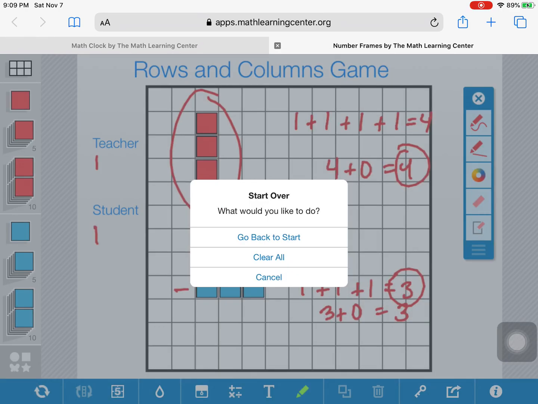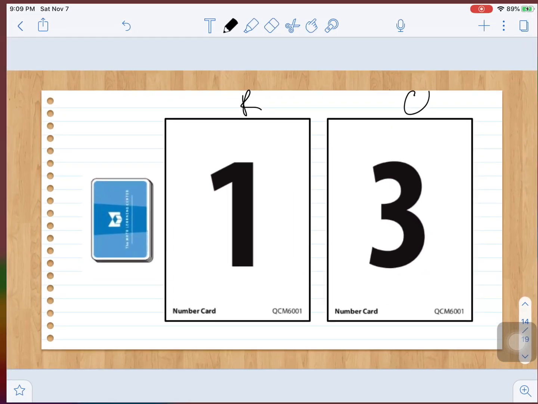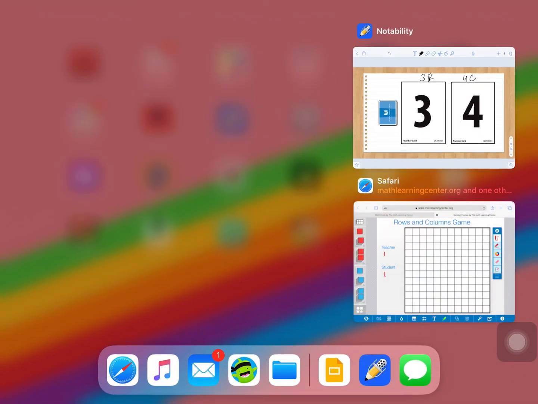All right, last round. So far, teacher has 1 point and you have 1 point. So we are tied. All right. This time around, I pulled out a 3 and a 4, so I have 3 rows and 4 columns. All right, so let's go ahead and show that.